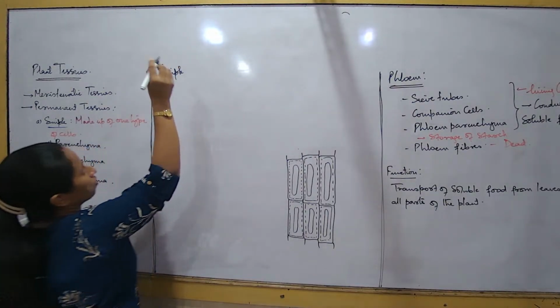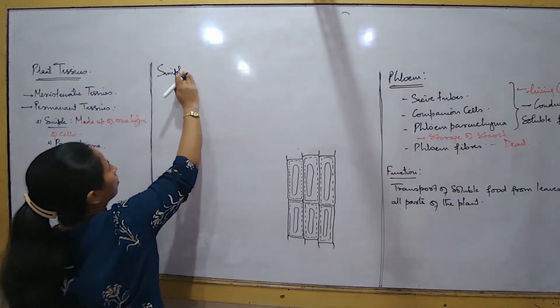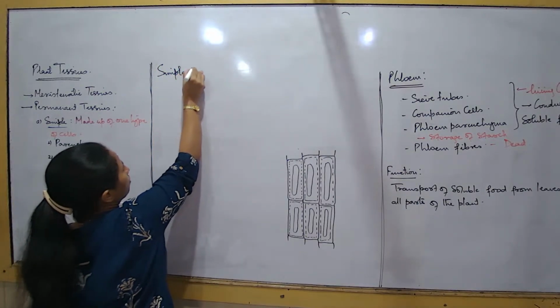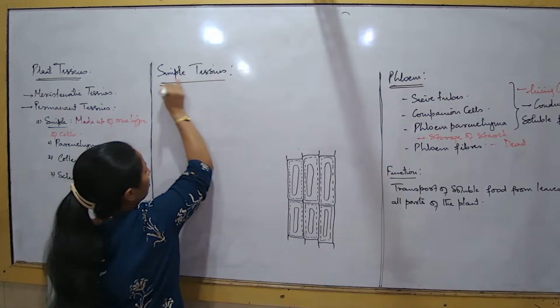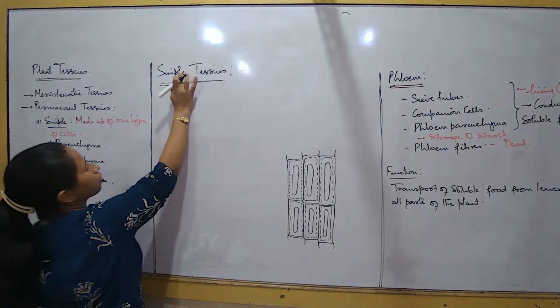What are the three types of simple tissues? Three types of simple tissues would be parenchyma, collenchyma, sclerenchyma. So we are going to study that.